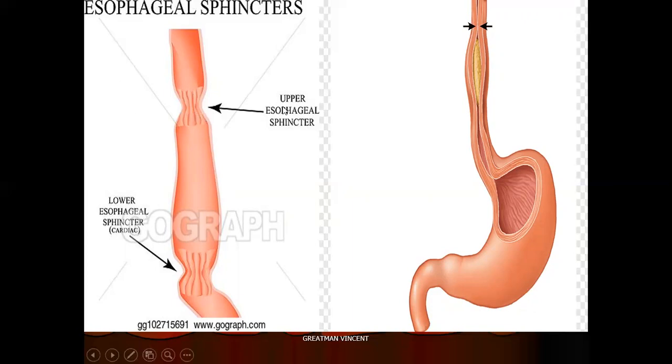Now, just as you can see here, this is what happens. The food bolus that was refined in the oral cavity, gone through the pharyngeal phase, is coming down. This esophagus is made up of muscles. We have two kinds of muscles found here basically: the circular muscles and the longitudinal muscles. Of course, you can't see it clearly here, but these two types of muscles contract to ensure that food is being propelled down.